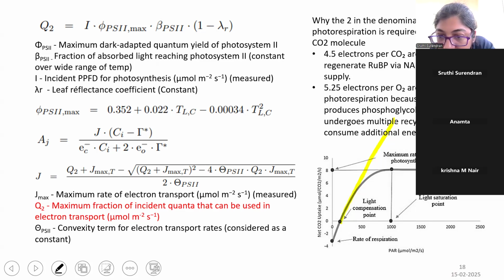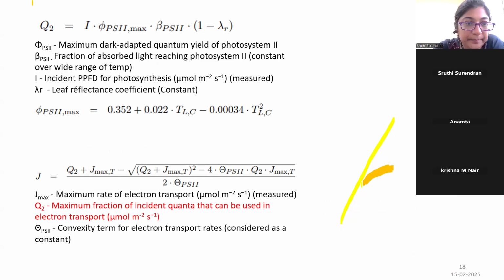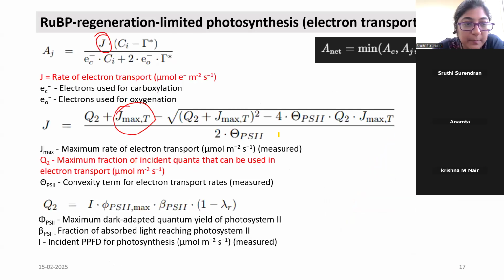Now, from this point onwards, this straight line is being converted into a curved line. So the convexity factor that is determining this curve is what is given by this theta PS2. So it is a convexity term for electron transport rate.